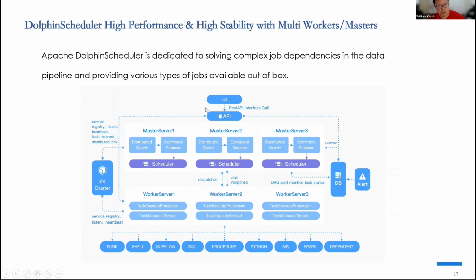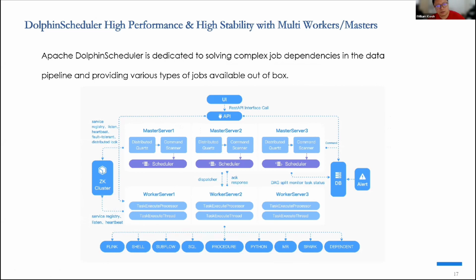DolphinScheduler has high performance and high stability with multi-worker and multi-masters. In DolphinScheduler, there will be many master servers and many worker servers, and every master server has its own jobs or tasks to do.